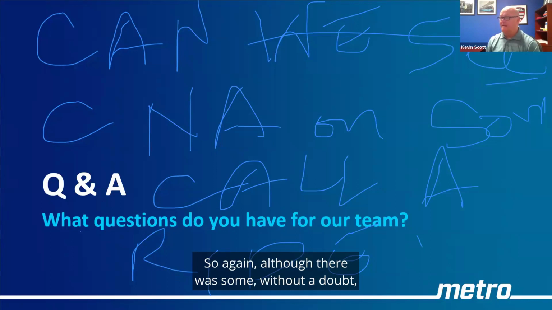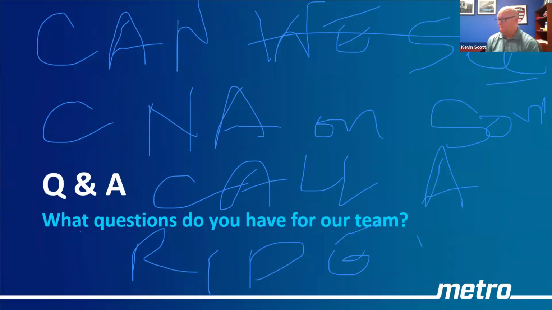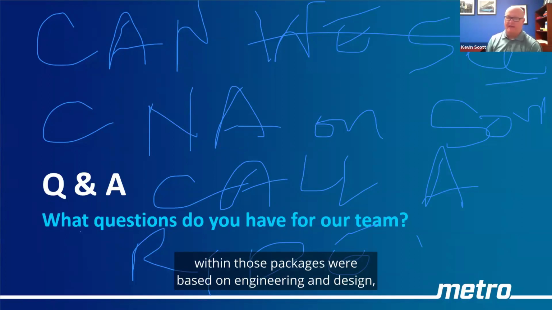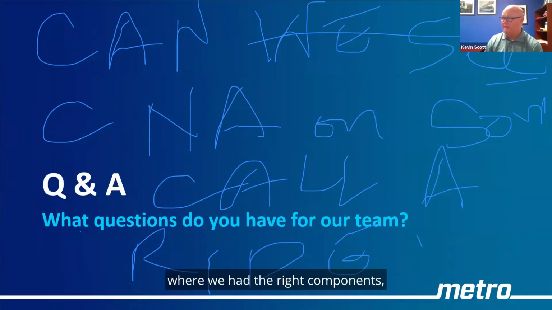So again, although there was, without a doubt, some security consideration, most of how we packaged or positioned platforms within those packages was based on engineering and design. Where we had the right components, where we had fiber, where we could easily work.